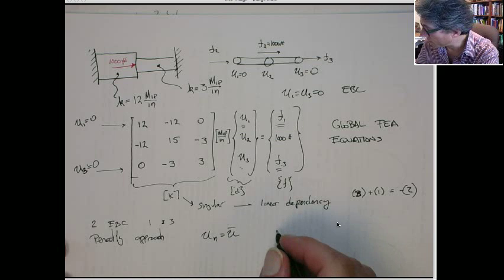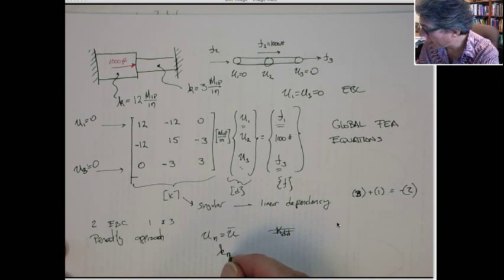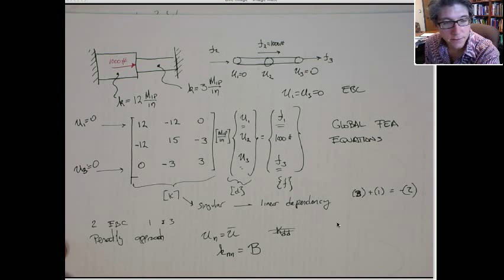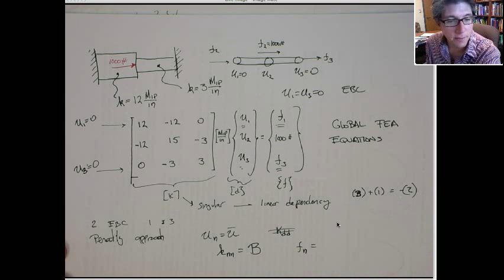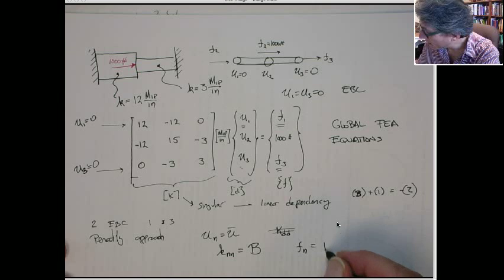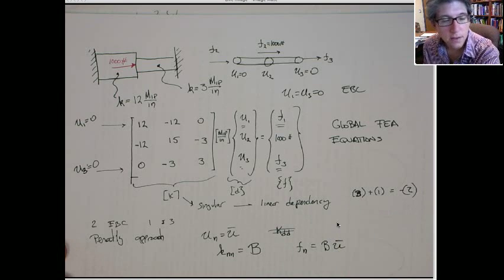What you do is you replace k_nn in the global stiffness matrix with a big number. I'll call it B. All right? And then on the force side, you replace force n with also a very big number times the desired value for the essential boundary condition. Okay?